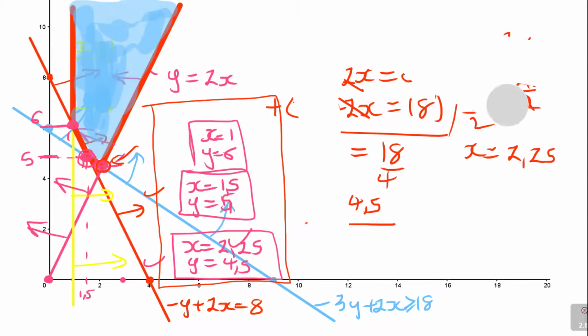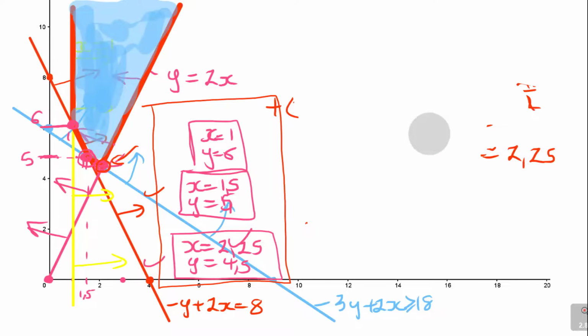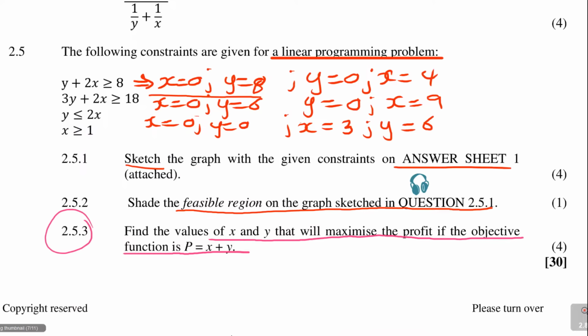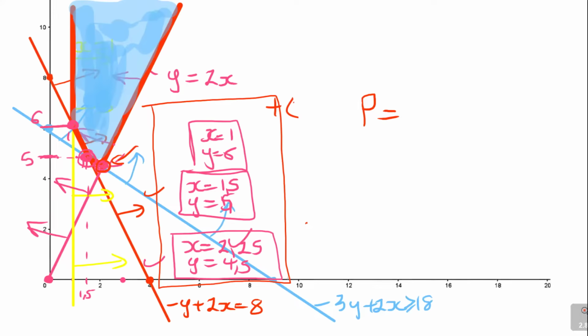Let's come back here. They say you want to maximize the profit, and they said P is equal to what? P is equal to x plus y. X plus y. So you just need to add these. So the first one here, x plus y is 1 plus 6, which is 7. What about here? 5 plus this, 1,5.